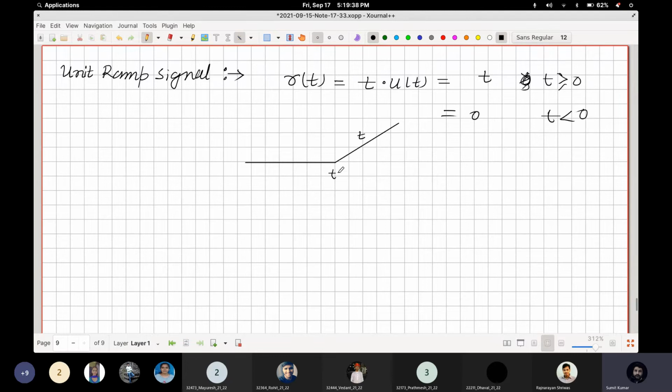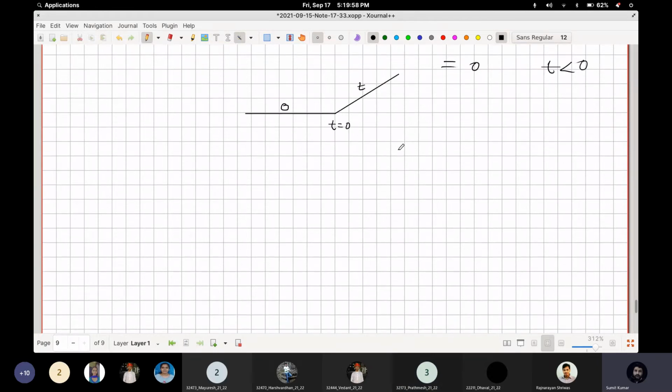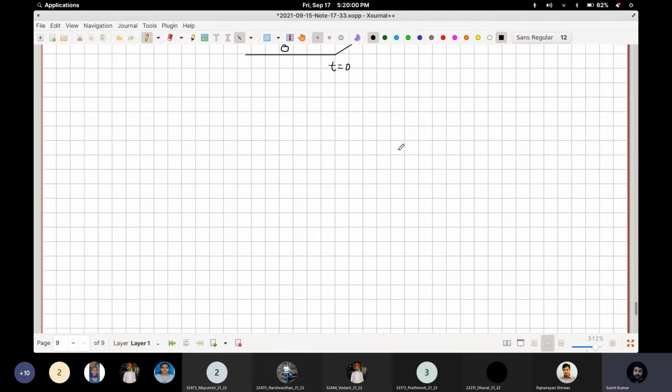Okay, so this point here is t equal to 0. Before this it is equal to 0, and after that it is a straight line. Okay, so this is r(t). Is that clear to all of you? Yes, sir. Okay, I'm not going into the properties of this function. You can actually go on your own.